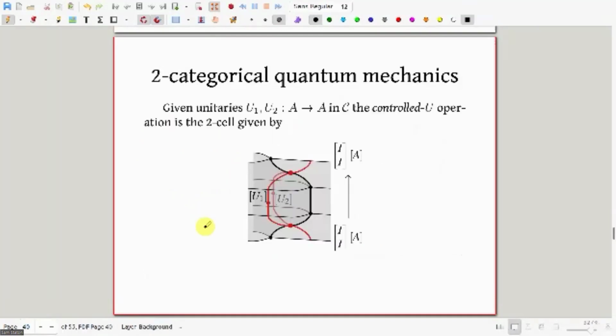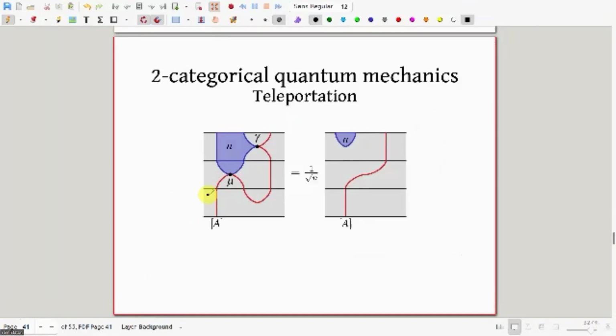And then the control operation is, well, we've got this classical multiverse over here, and in one universe we're doing U1, and in another universe we're doing U2. And for teleportation, I've got an N here, so this means N sheets here.